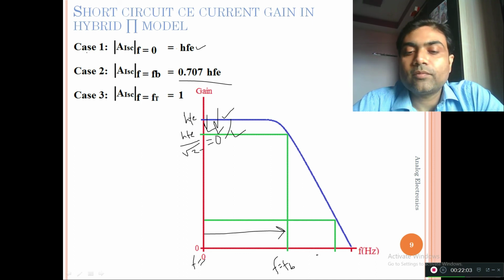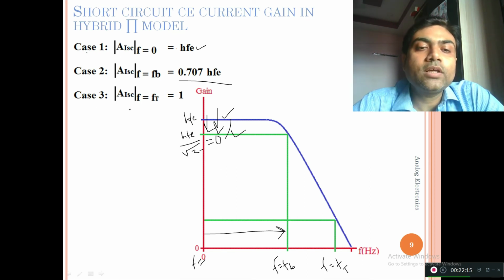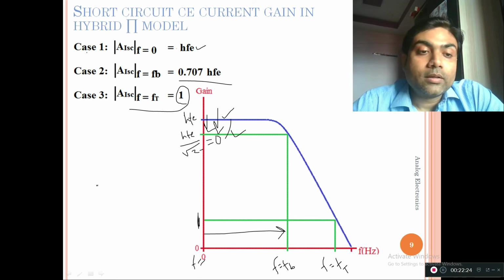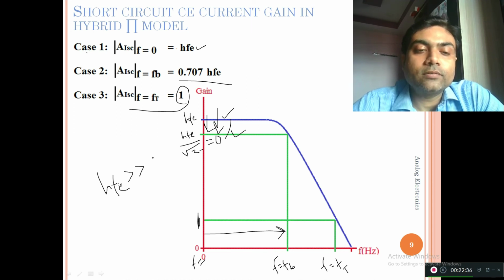And further, when f equals FT, we have introduced the third case. When f equals FT, we are assuming that gain equals 1. So this is the value where the gain equals 1. You know this HFE value is far greater than 1.